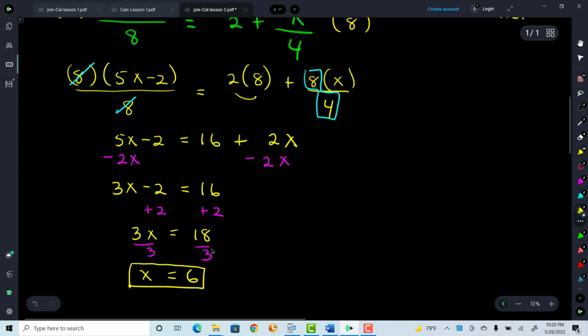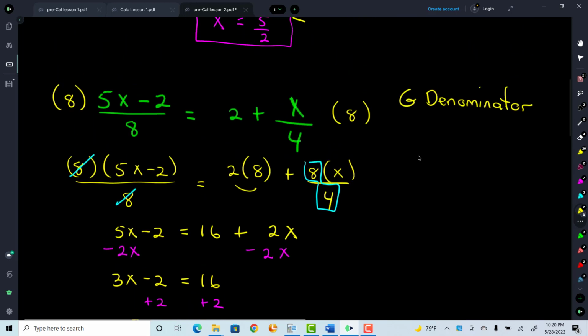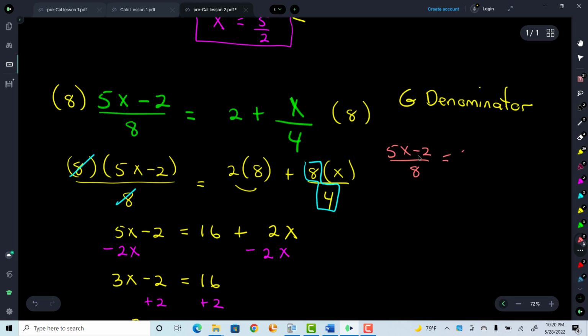Okay? X equals 6. If I go back up and just double check that answer, right, I had 5x minus 2 over 8 equals 2 plus x over 4. So let's substitute our 6 in there. 5 times 6 minus 2 over 8 equals 2 plus 6 over 4.